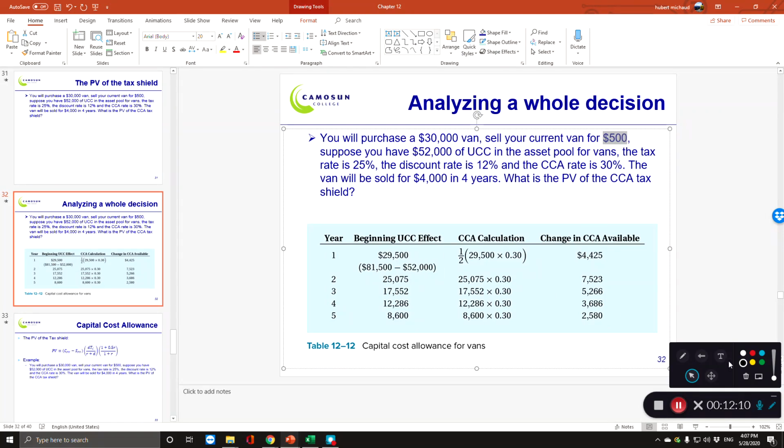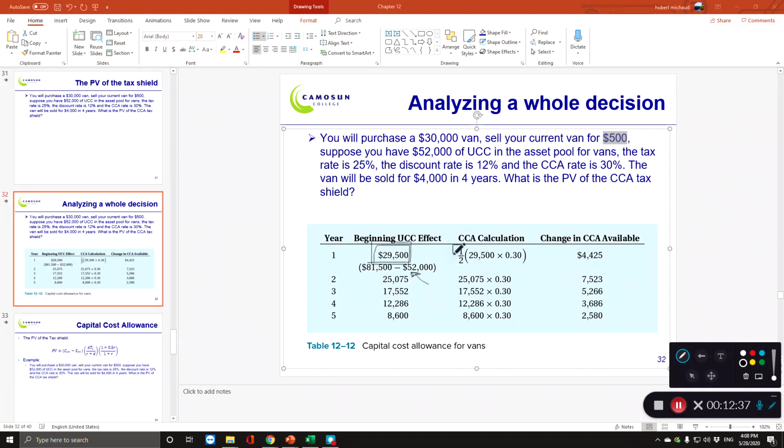So basically, my asset class went up by 30,000 minus 500, so 29,500. Okay, in the first year, if you're wondering what they're doing here, we just care about the incremental cash flow. So they calculated by how much my asset pool went up, which is just 29,500, right?